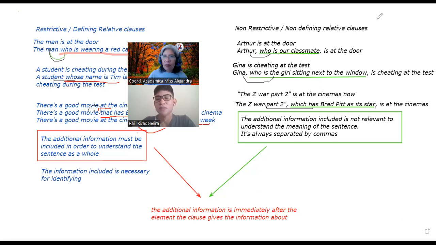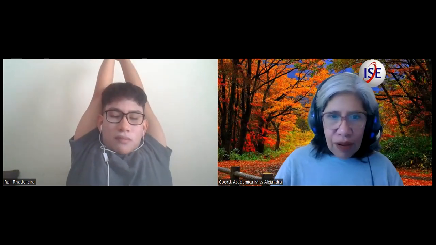Give me a second. Let me find my information about the relative clauses. You can also find it as adjective clauses. Is there another name for this kind of information? Yes, you can find it as adjective clauses or relative clauses.